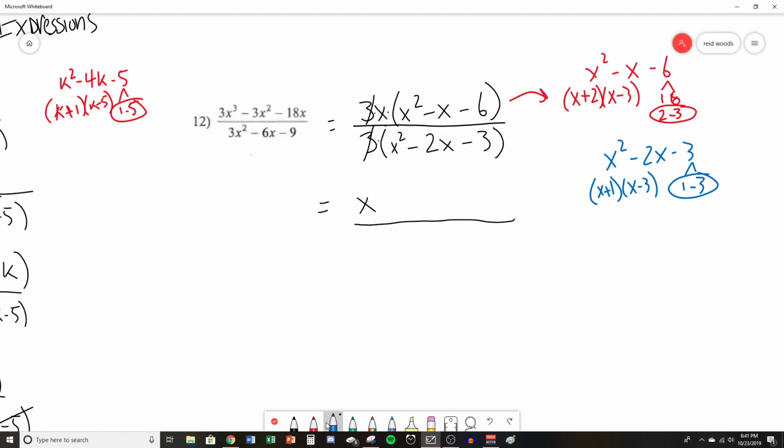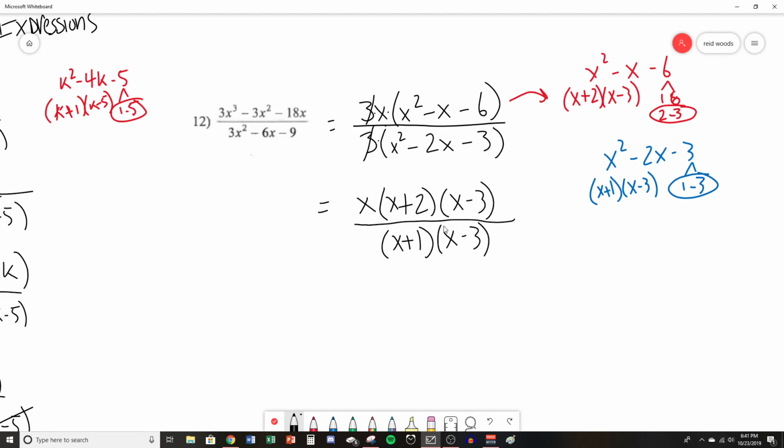So let's rewrite this. The top part is this red. I already had the x up here. It's still there. So this becomes x times x plus 2 and x minus 3. Then down below it's going to be x plus 1 and x minus 3.